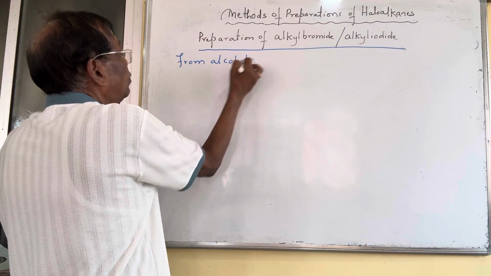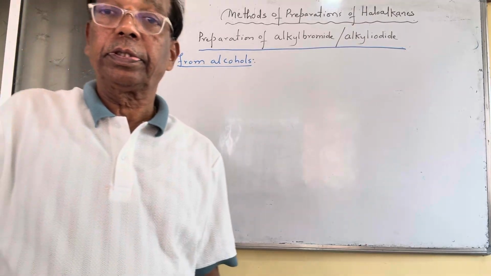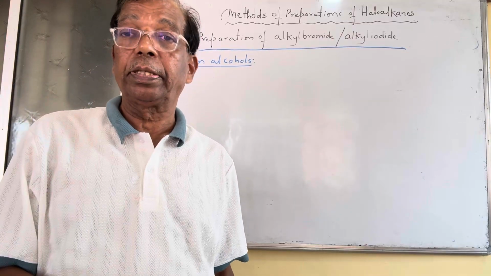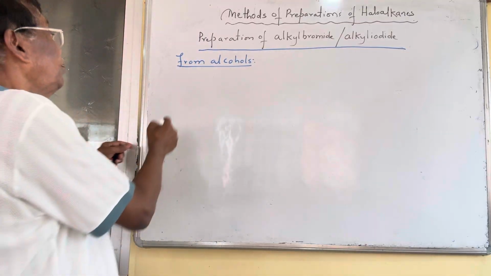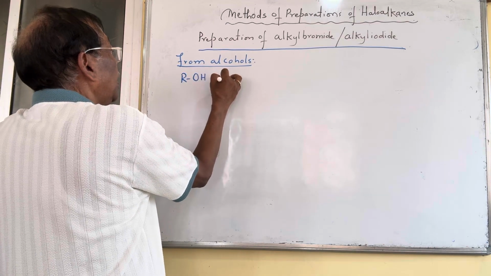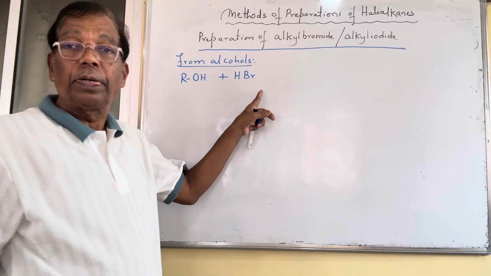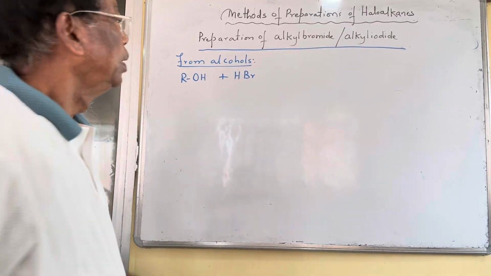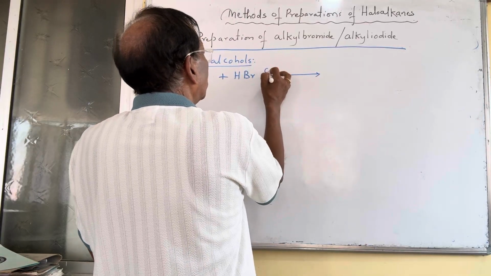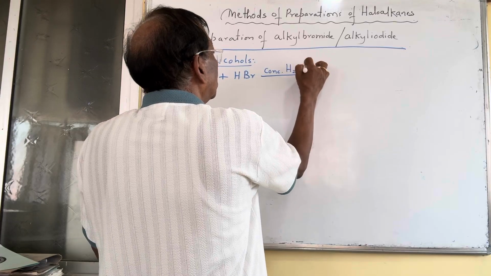So I will write the general equation. By using that general equation, you can write any alkyl halide or alkyl bromide. So if I take alcohol as ROH and treat it with HBr, hydrogen bromide, the reaction is carried out in the presence of concentrated H2SO4.